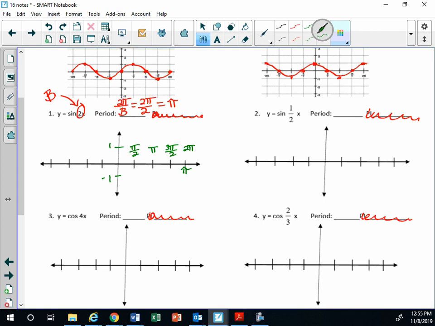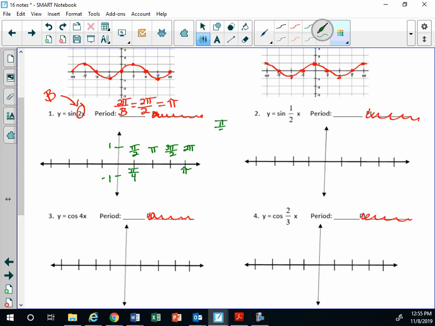Because our b value was 2. What you need to do then is take the other original labels and divide them all by 2. Okay, so what's pi over 2 divided by 2? Pi over 4. This is where I realize if you guys are good at fractions or not, okay? So pi over 2 cut in half is pi over 4, right?